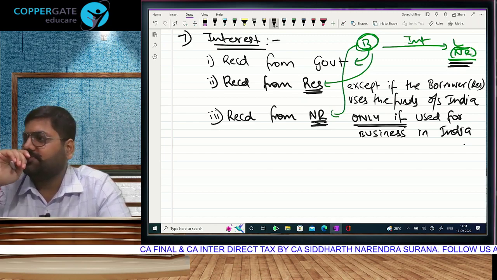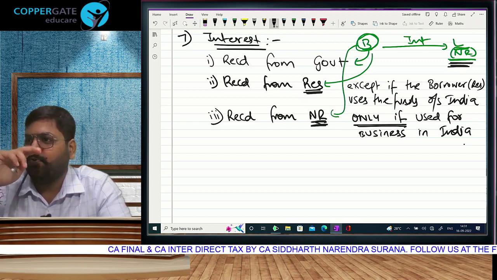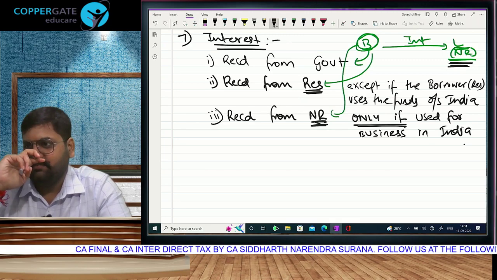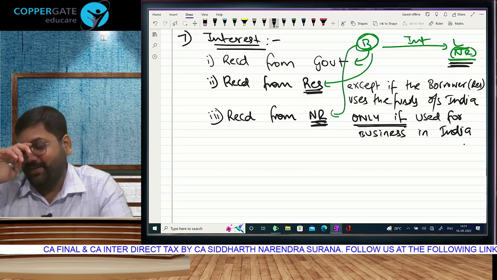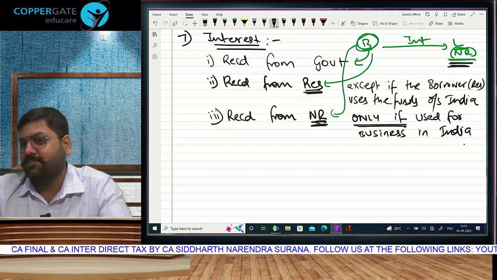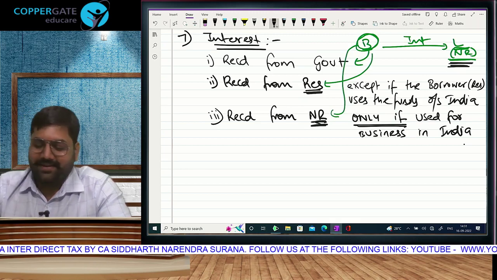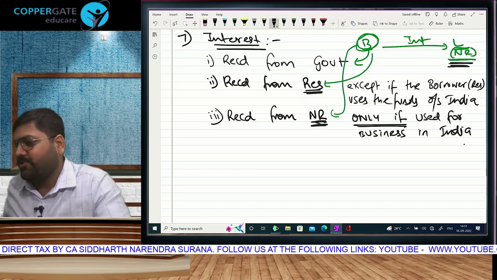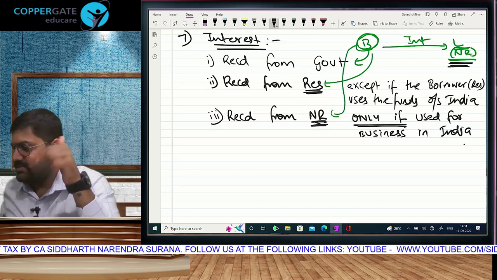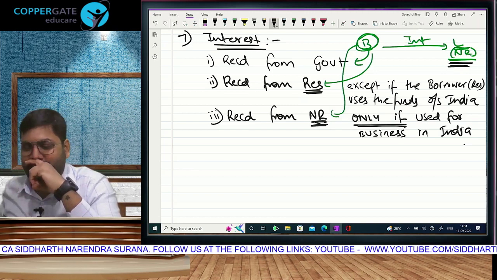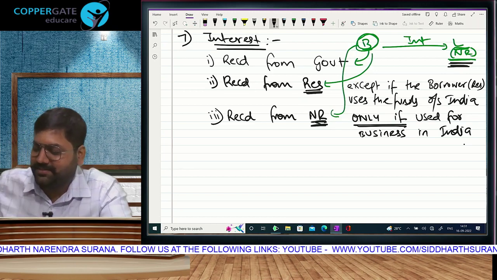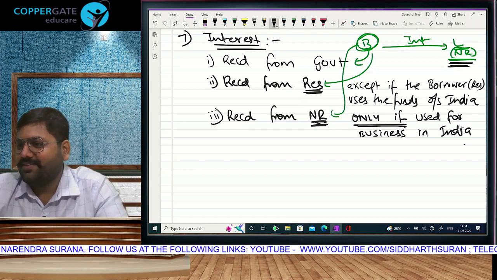And 2 batches of CA inter in a year, both in English, 1 for May, 1 for November. And imagine the finance minister is teaching income tax. If I say something wrong, you say, sir, in this book something else is written, you have said something else. No problem, tomorrow I will change it. Running the house like my own kingdom.